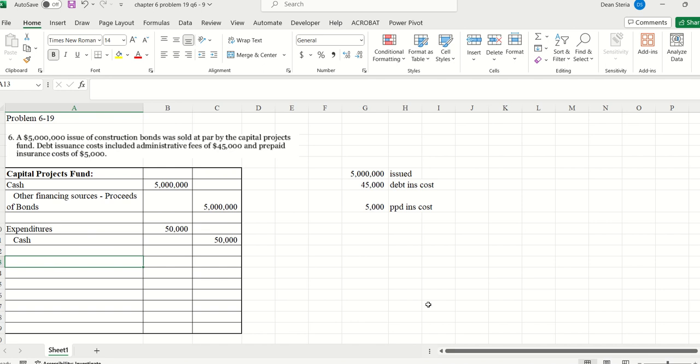And then we have the governmental activities. Where we're going to issue the bond. Which was the 5 million.